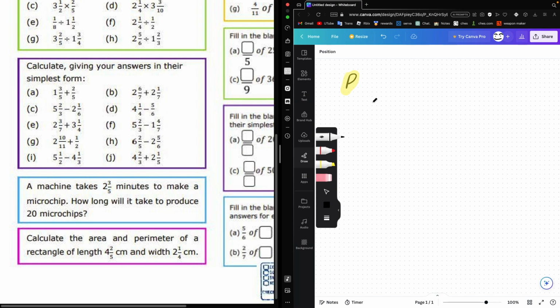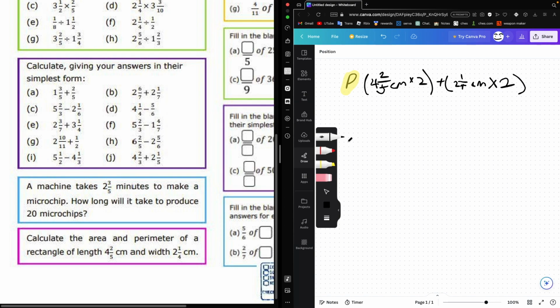So for the perimeter, we take the question. 4 and 2 over 5 cm. This is the length. We times it by 2 because there are 2 sides of length, and the width, 2 and 1 over 4 cm, times 2.